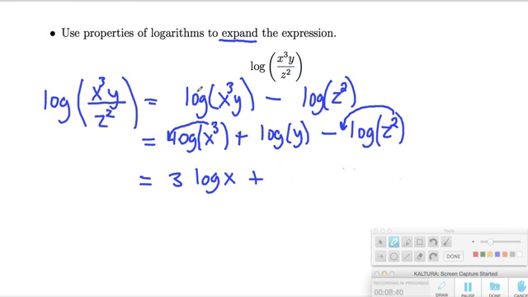Log plus log. And at this point, the expression is completely simplified. And remember that you don't really need the parentheses as long as you only have one thing that the log is being taken of.